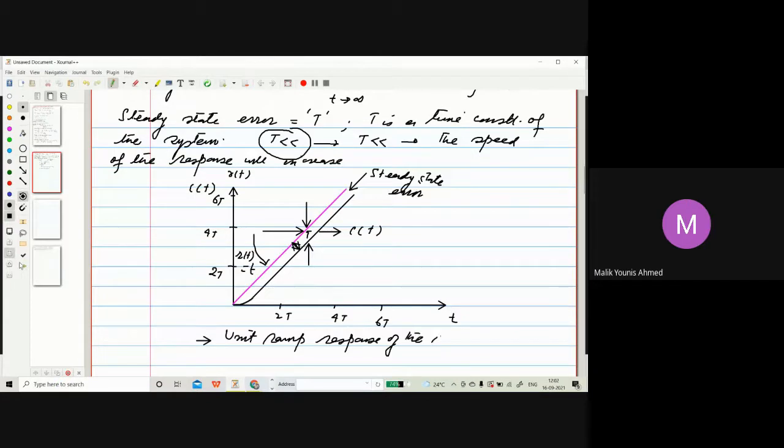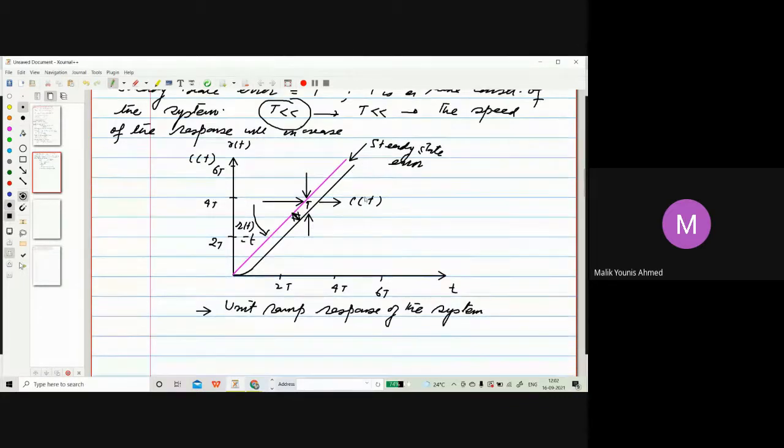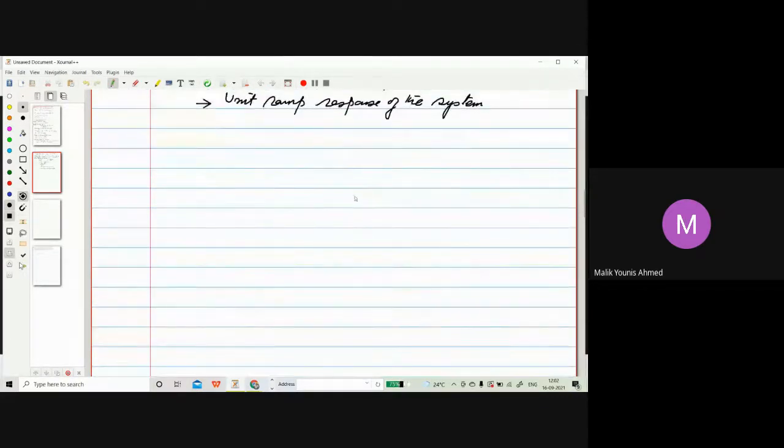So very clearly, what is the input? What we should get? We should normally have got this, but we are getting a delay at the beginning. The transient period is delayed. Then it rises and gets a final value of this one. It's the actual output. Desired output minus actual output should be equal to error. So this is the unit ramp response of a system.